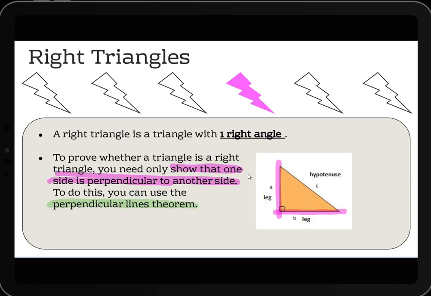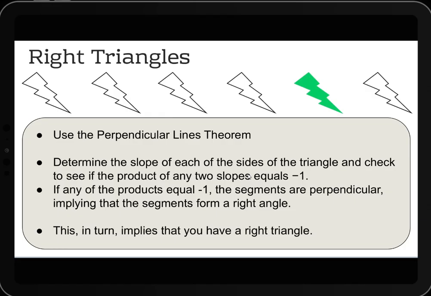That's our ultimate goal. So specifically, how does that relate to slope? Well, a couple ways to think about it. Number one, if you can determine the slope of each side of the triangle in question, and you can tell that the product of the slopes equals -1, then that means that the segments are perpendicular.